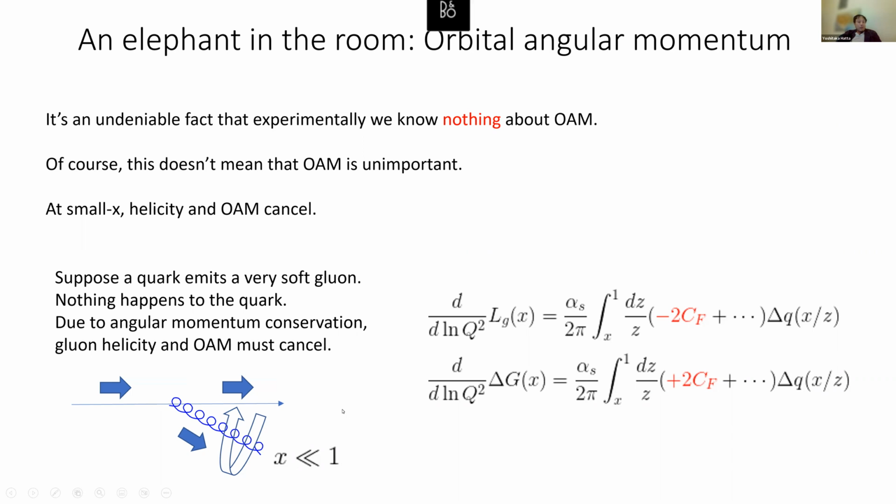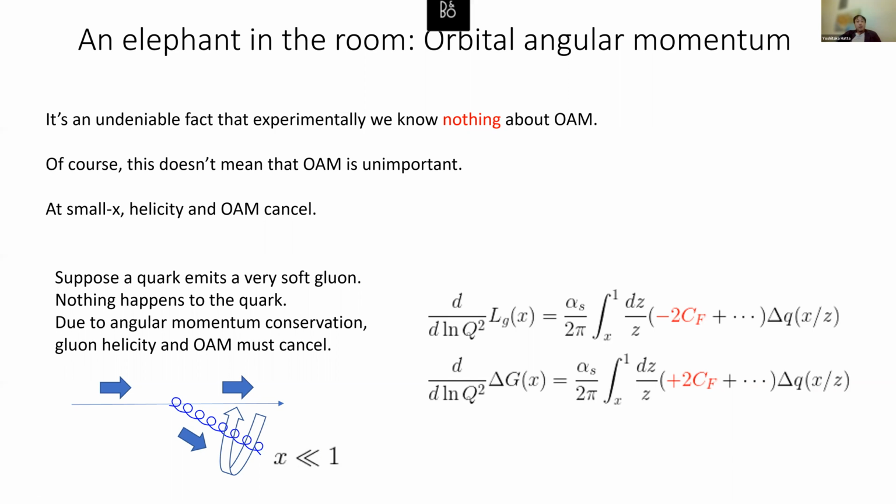Then, of course, nothing happens to the quark, because the quark doesn't even realize that it has emitted this gluon. So in particular, the helicity of the quark is unchanged. Then, because of angular momentum conservation, the total angular momentum of this emitted gluon is 0. So the helicity of the gluon must be completely canceled by the orbital angular momentum of the gluon.